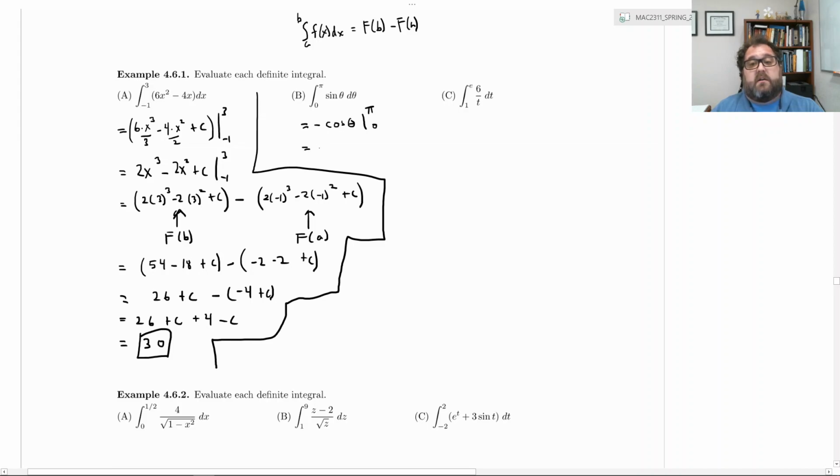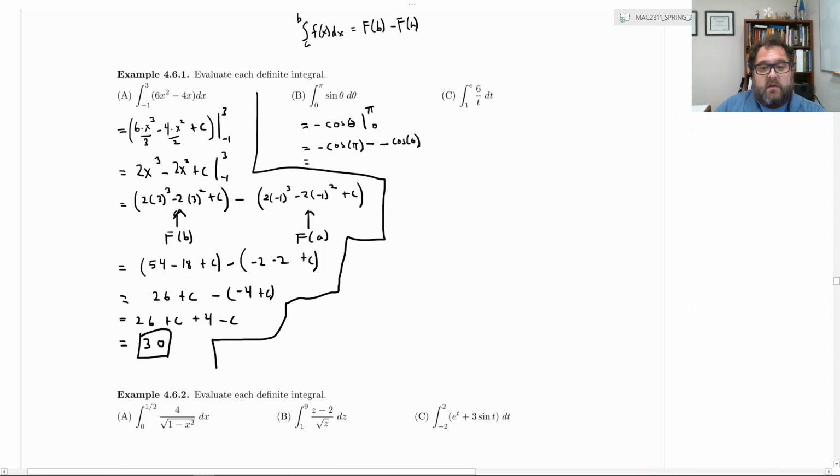This is going to be what? Negative cosine of pi. Now there's a negative sign built into the fundamental theorem, so it's minus the antiderivative evaluated at 0, so that's negative cosine of 0. It's very important that we notice there's a double negative there, because it's minus the antiderivative, which itself is negative.